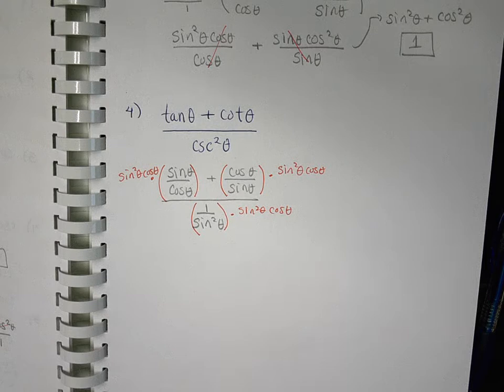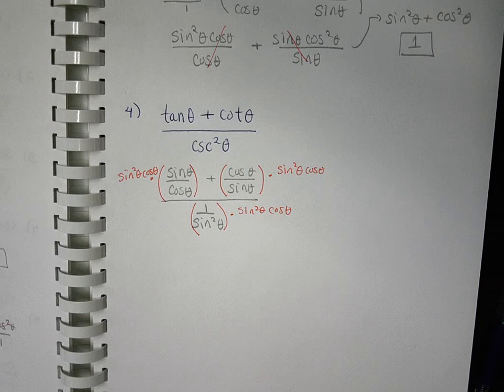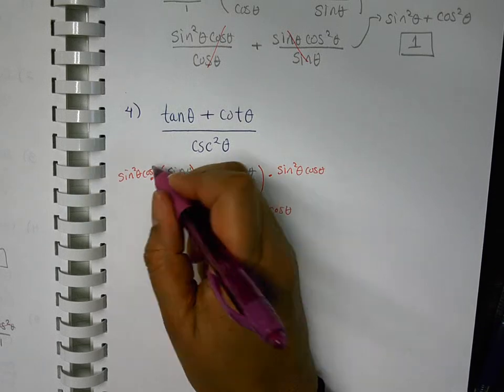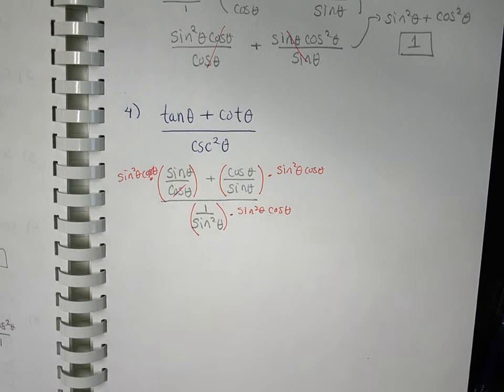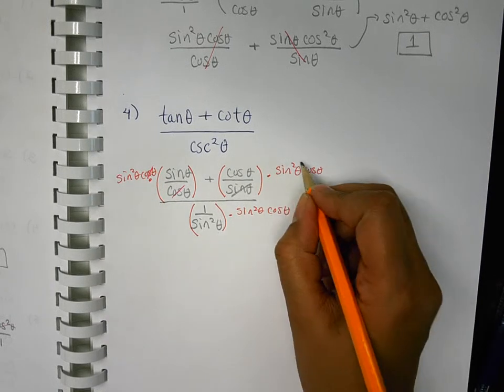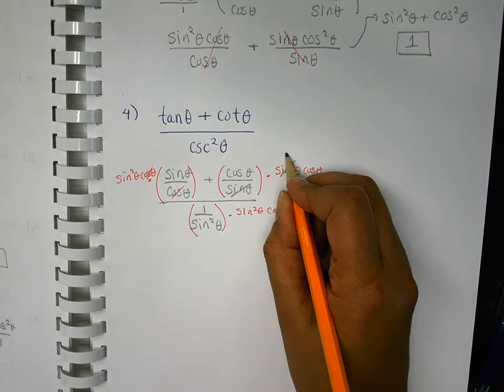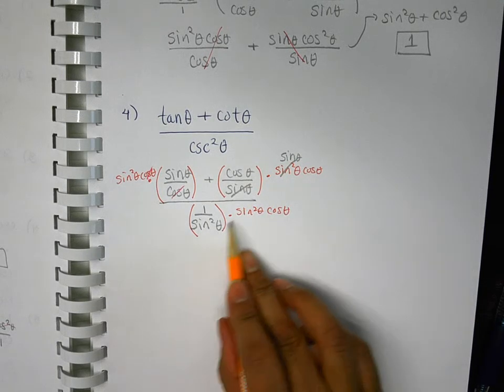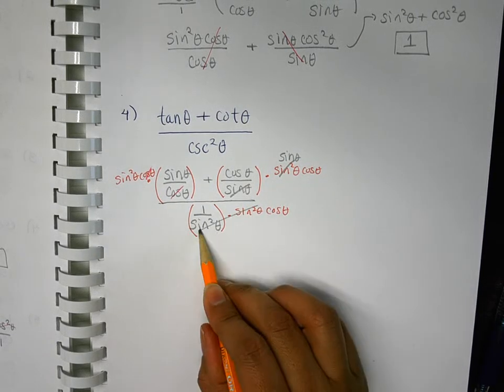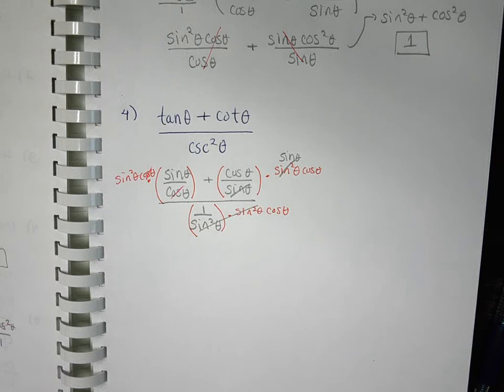All right, what reduces on this first one here? Cosine theta. What reduces here? One of the sines. Sine is gone and sine squared becomes sine. All right, and what reduces here? All right, in the numerator, what do I have here?